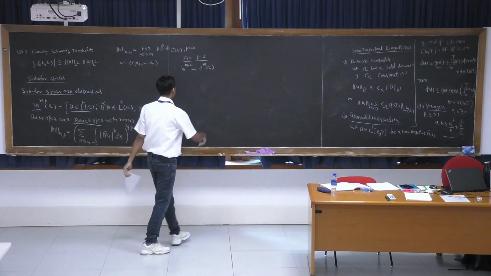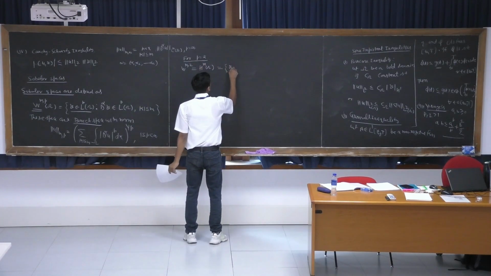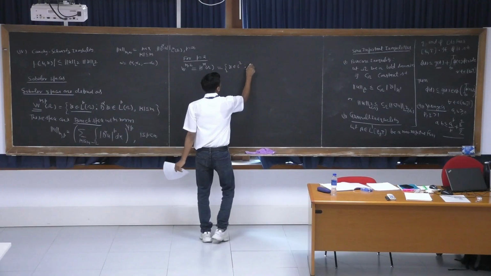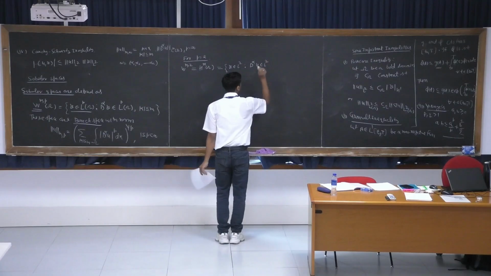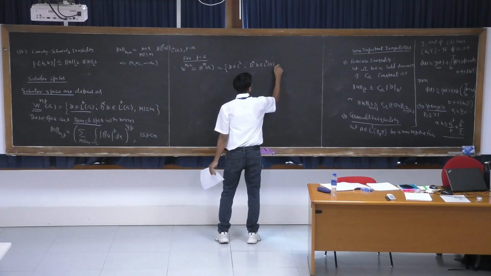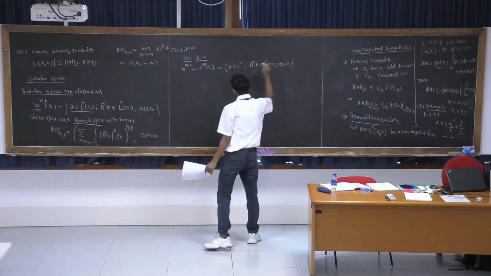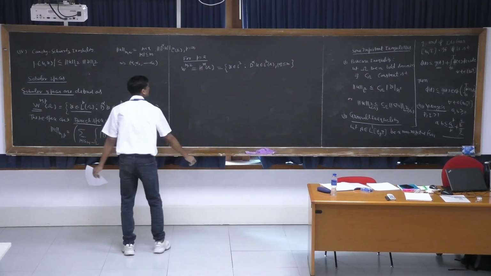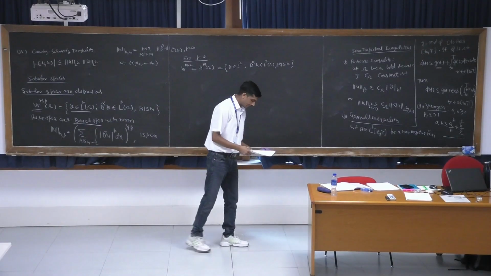H^m spaces are what? Here p is equal to 2, so this means v belongs to L2 and its alpha derivatives also belong to L2, with the same condition over alpha. So we will use these spaces for the finite element theory.